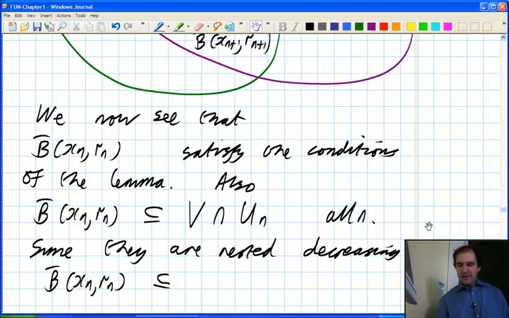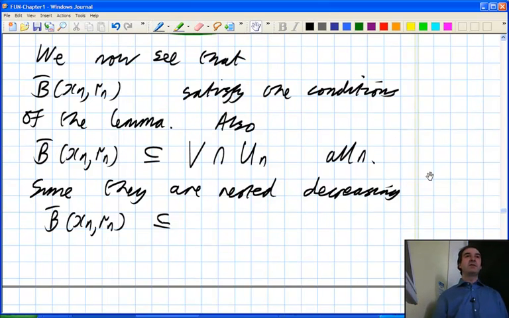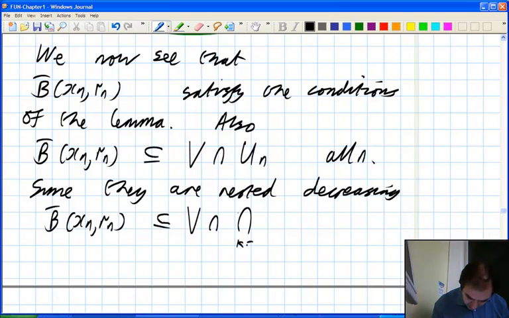You can pick out everything you need from what I'm about to say anyway, but you may want to observe that it's contained in the intersection of the first few. Because each of these balls is contained in its own Un, and they're nested decreasing, so each one is contained in all the previous ones as well.